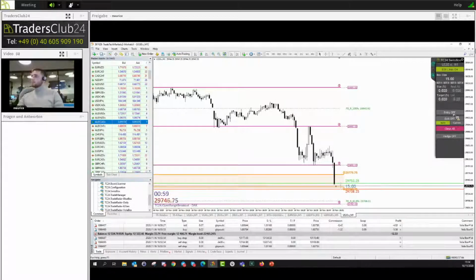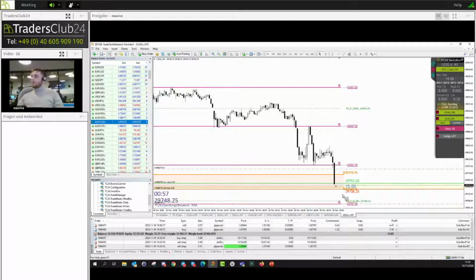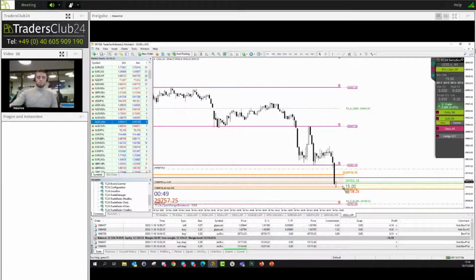Into our open range over here. Seems like we'll catch the last bit of volatility in the market. And on its way back up.